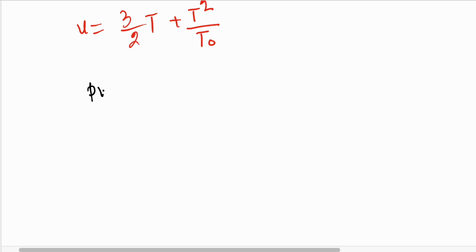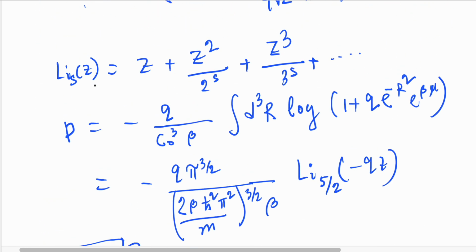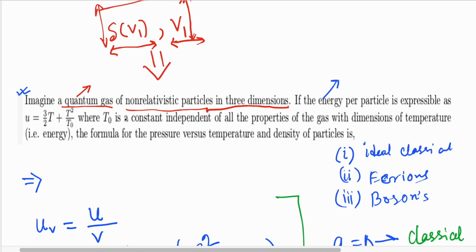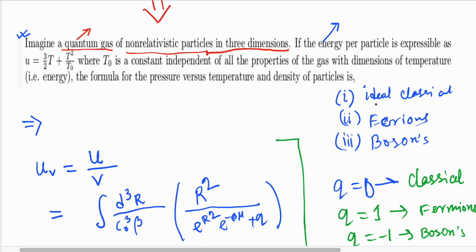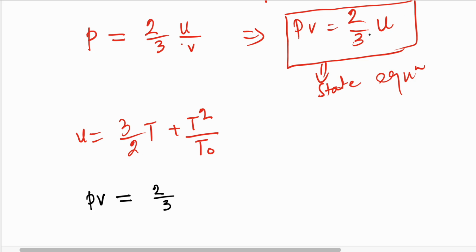So PV is equal to 2/3 u, where this small u is the energy per particle, and here we need the internal energy of all molecules.